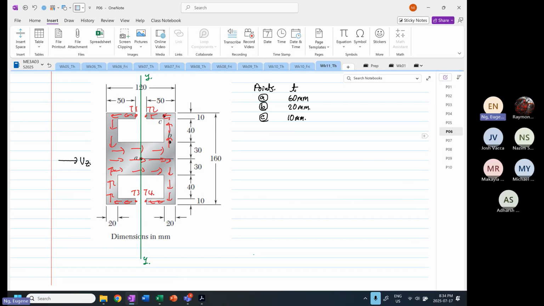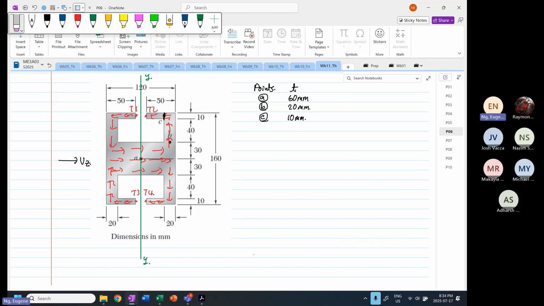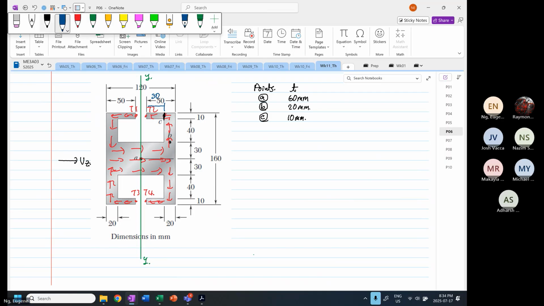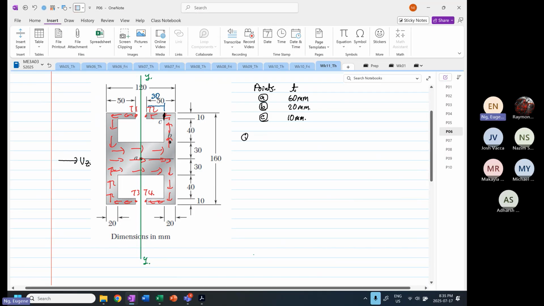So I'm going to find the first moment of area at point C first. And I know that this is equal to 30. Right? Let me again over at this stage, the geometries are critical. Okay, you get it wrong, we are game over. So this is 30. So we are going to find QY now at point C. Okay.